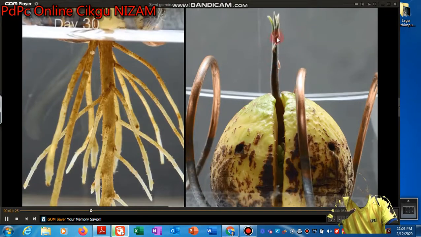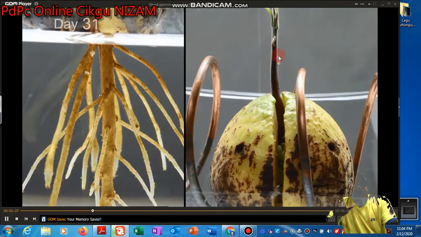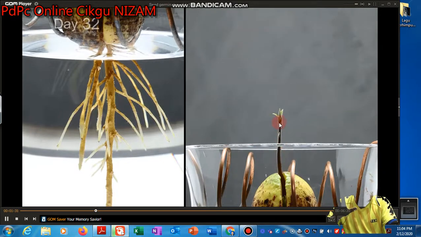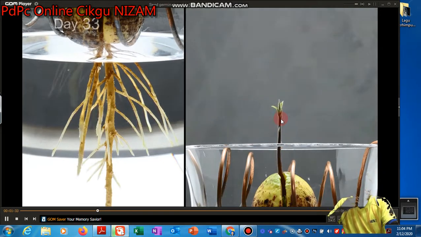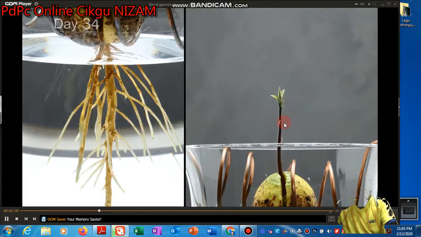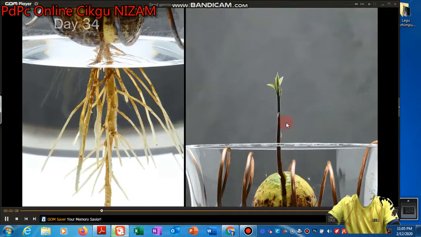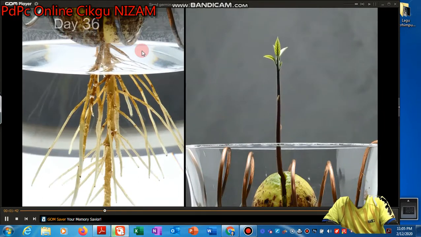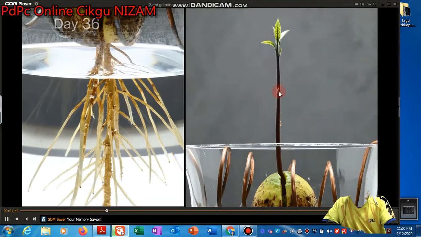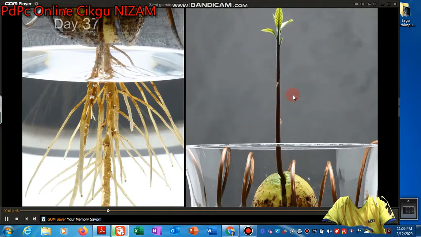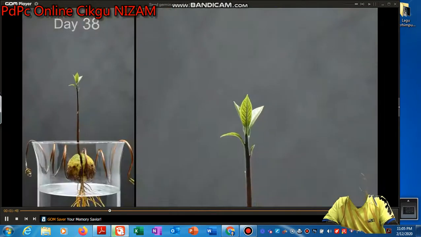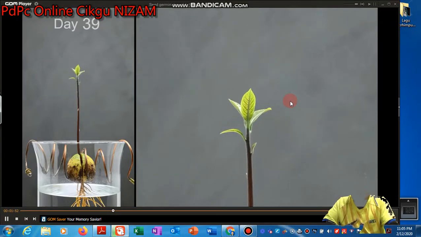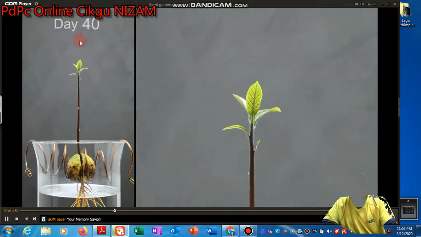Now we look at the plumule, which grows to become stem and leaf. Now it is day 35. You can see it takes a long time for every seed to become a new plant. Day 40.